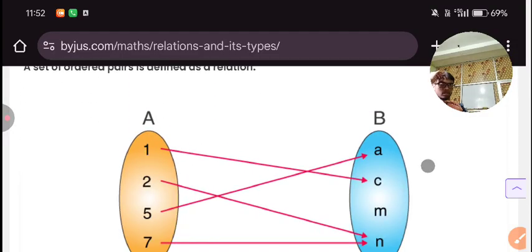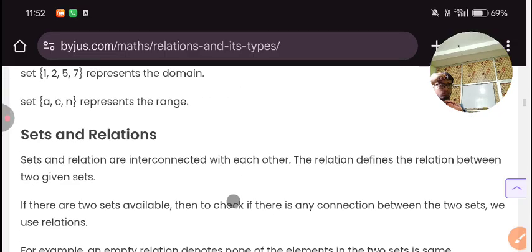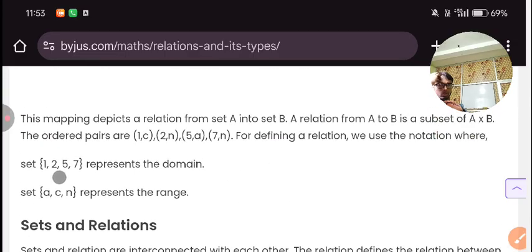Relation of this is with a, relation of 2 is with n, relation of 5 is with a, relation of 7 is with n. These are relations. So 1, 2, 5, 7 are domains. A, C, N are range. Relation of this is with this, relation of this is with this, relation of this is with this.